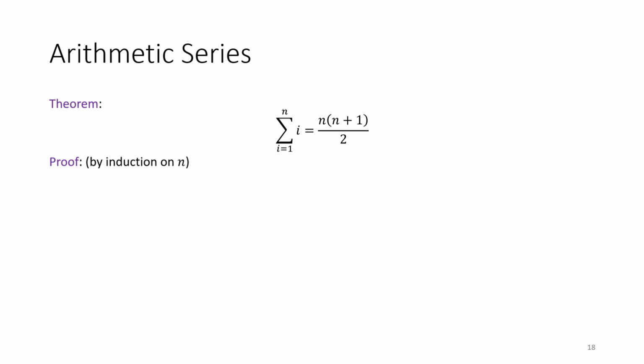Okay, so let's see how that works here. So here I'm going to use induction on n as my n changes. So let's pick a base case. Now my base case here, I could actually pick one of 2 possibilities. I picked n equals 1, but I might have also chosen n equals 0. Now n equals 0, what is the sum of all the numbers between 1 and 0 is actually 0.